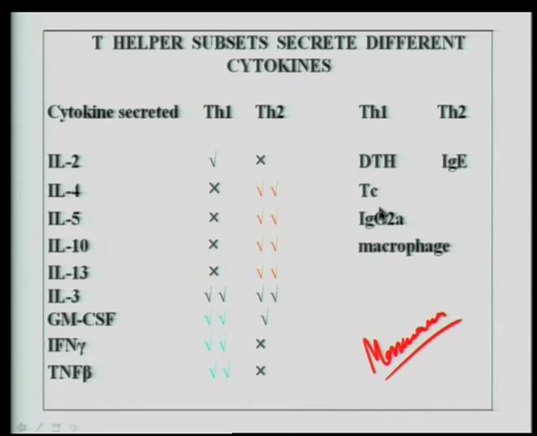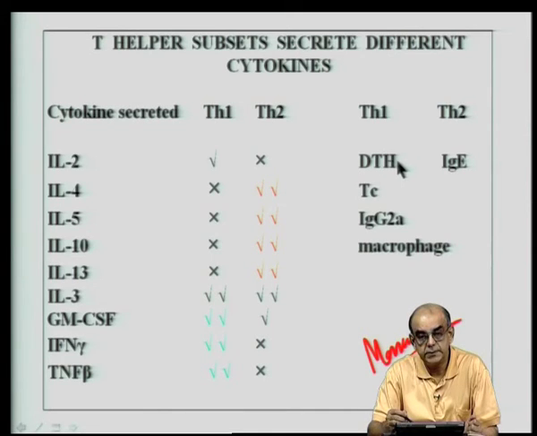Now, these cytotoxic T cells, or for that matter CD8 bearing cells, also have cytokine secretion patterns, but in a major way these are the ones that have been defined very clearly for the CD4 subsets. The DTH, or delayed type hypersensitivity reactions, are facilitated by a Th1 response.